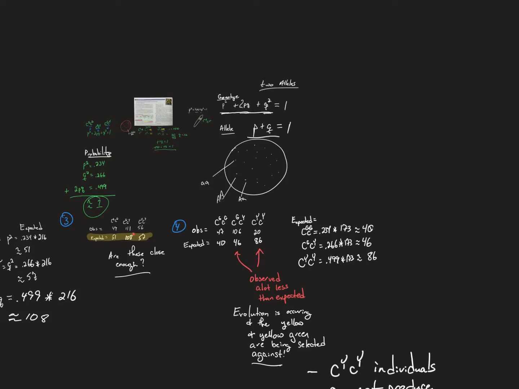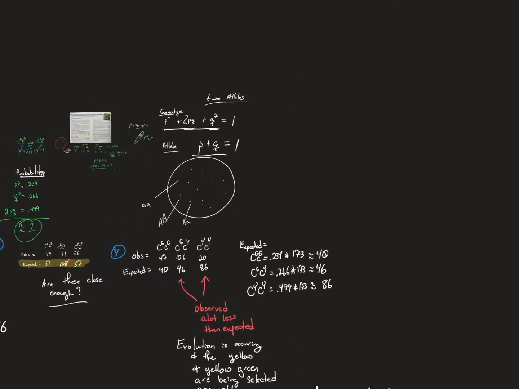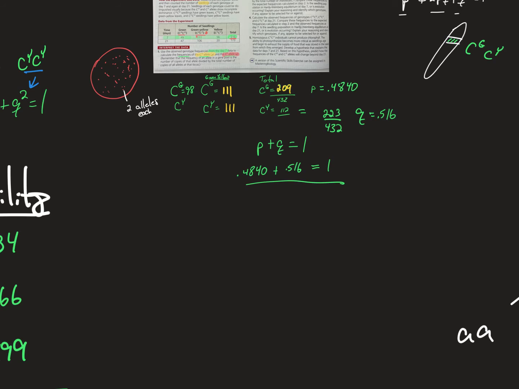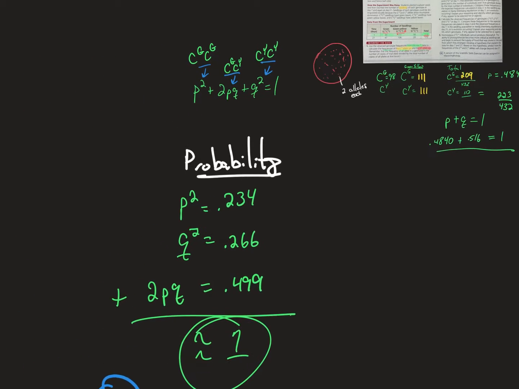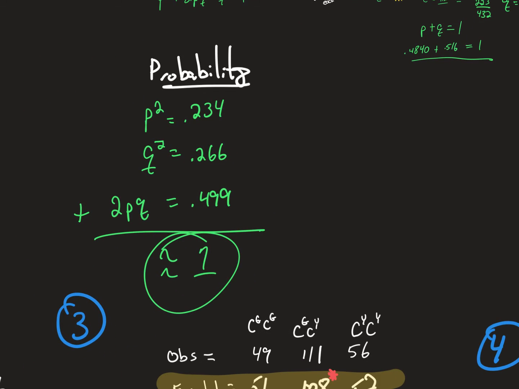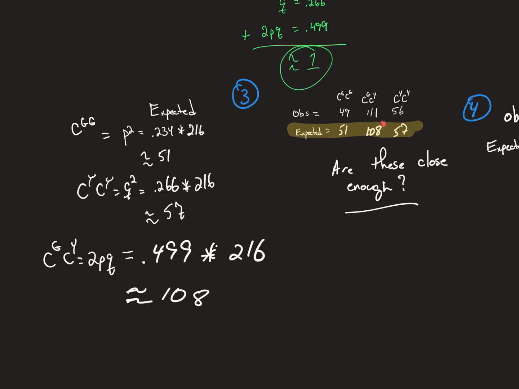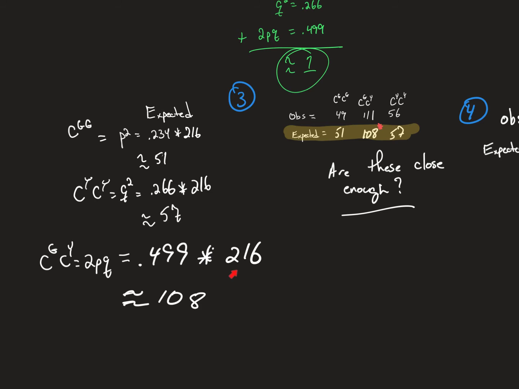What we did a minute ago. There it is. Remember, we calculated 0.4840 and 0.516 for P and Q. Then we plugged it into the equation and got 0.499. And then we used that times the actual number, 216, to get what we expect.